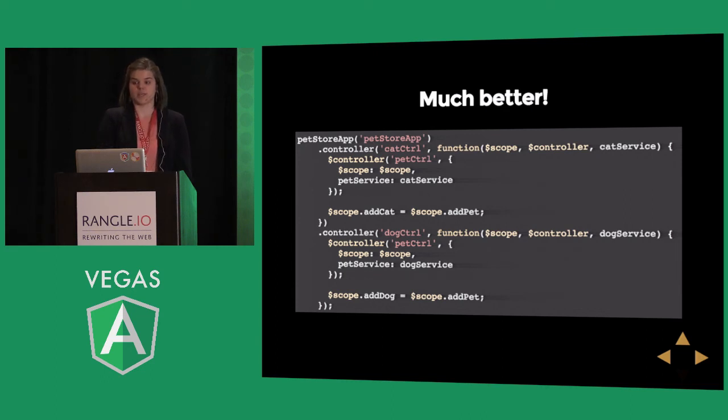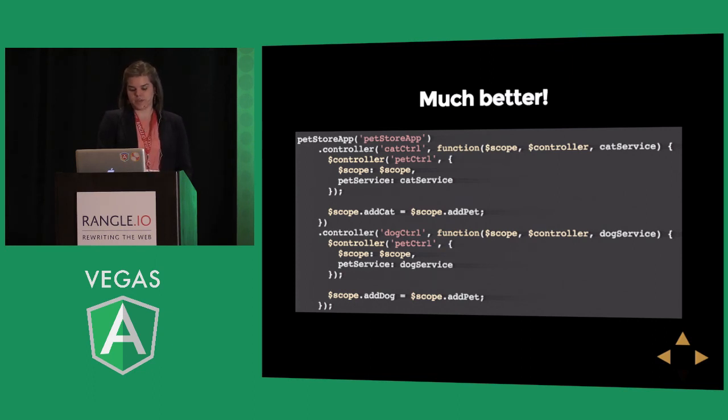And then, because in my case, I know that my templates already expect an add cat function, I can simply take the step here to reassign the add pet function to add cat, so I don't have to change my templates as well. Because again, we're working with the situation where you have limited time and limited budget. You can't really refactor and fix everything, so you're taking these incremental steps to try to make it as aligned with best practices as you can without taking all the time in the world.